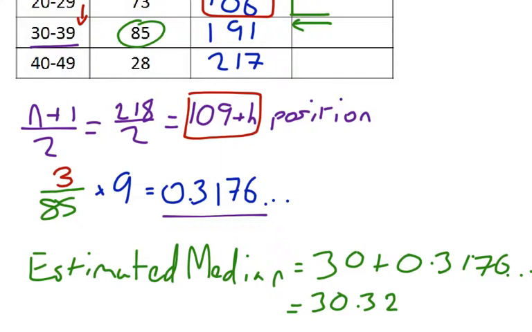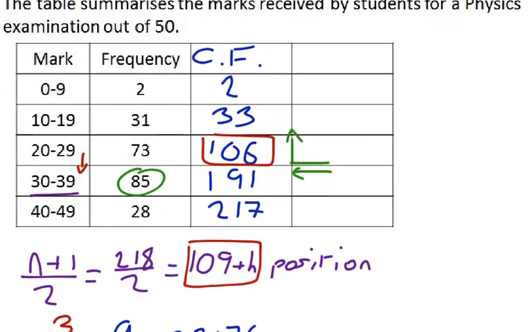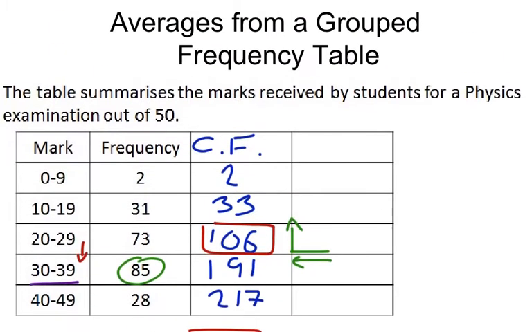So that is how we find the estimated averages for data given in a grouped frequency table. The modal group is the group that appears the most often. To find the estimated mean, we find the midpoint of each group and then multiply that by the frequency. Add up that total and divide by the total frequency.